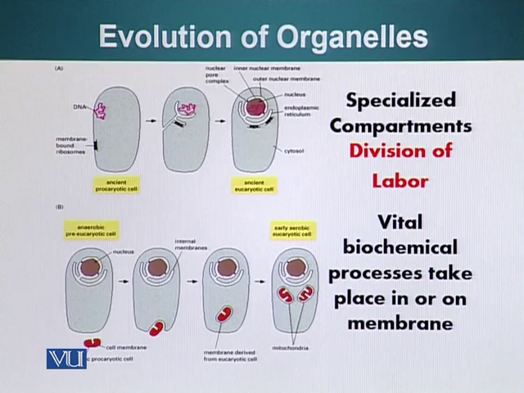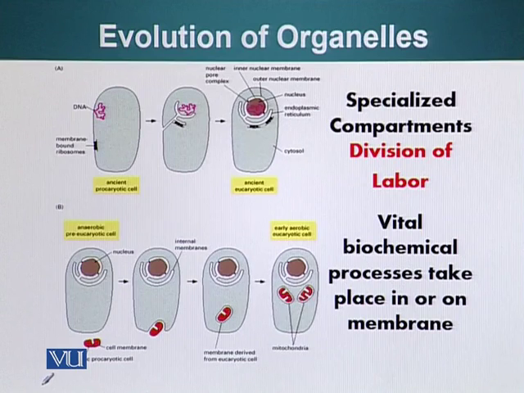In an ancient prokaryotic cell, we know that prokaryotes or bacterial cells don't have any membrane enclosed organelles. So if we are looking at the evolution, let's start with an ancient prokaryotic cell which did not have any membrane enclosed organelles, and of course which includes the nuclear membrane, a defined nucleus enclosed in a nuclear membrane.